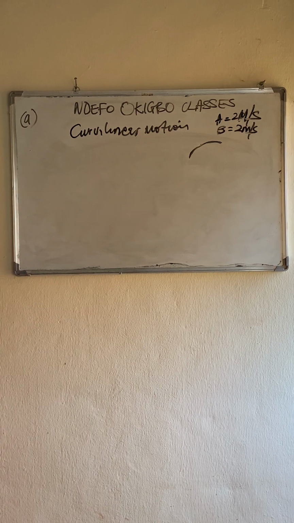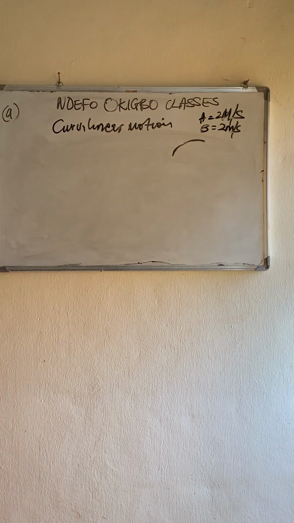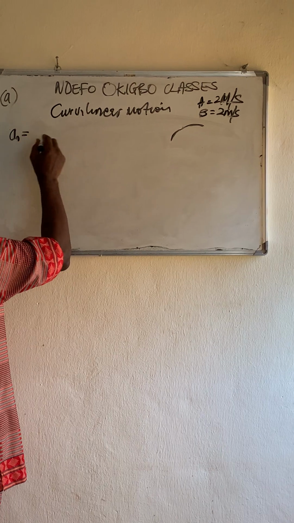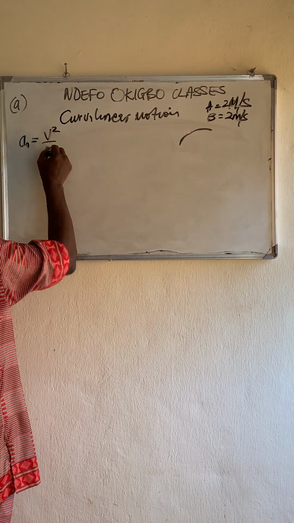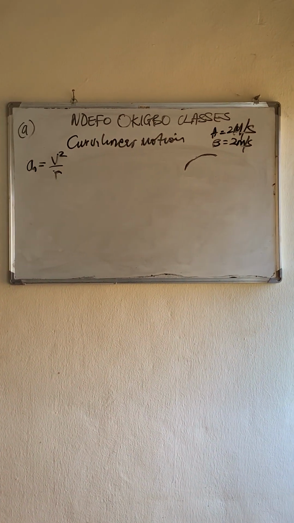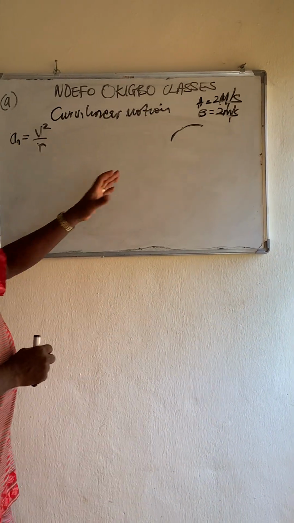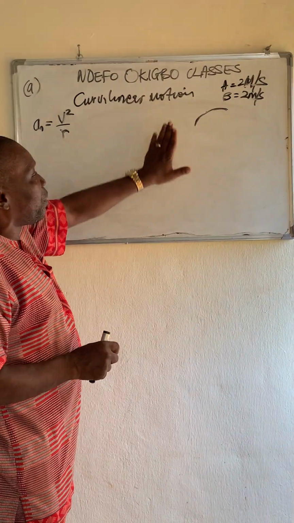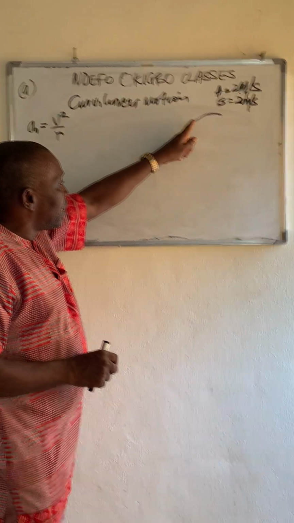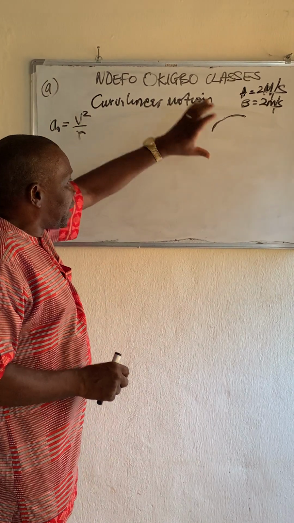The kind of acceleration we have here is what we call normal acceleration. We find normal acceleration to be equal to the velocity squared over the radius of the curve. At any particular point, we take the velocity at that point, and there's a change.